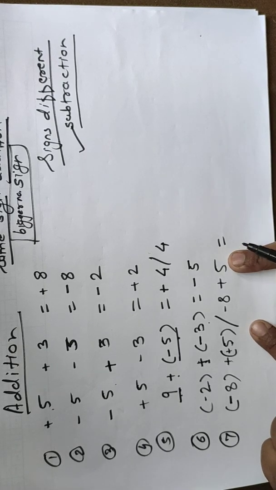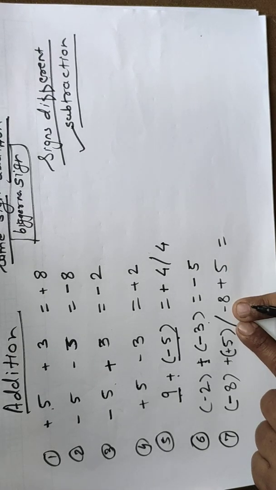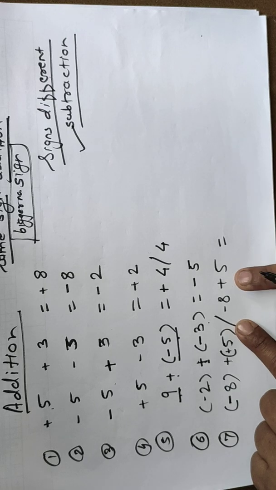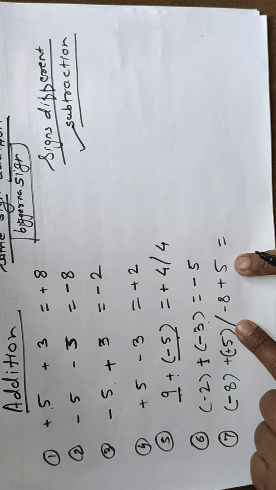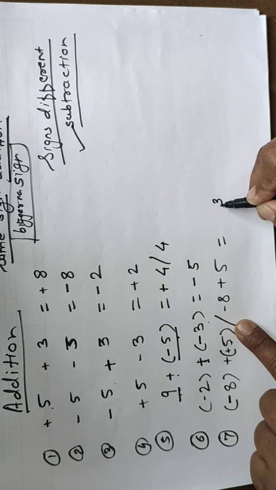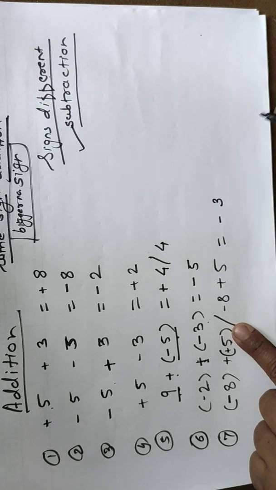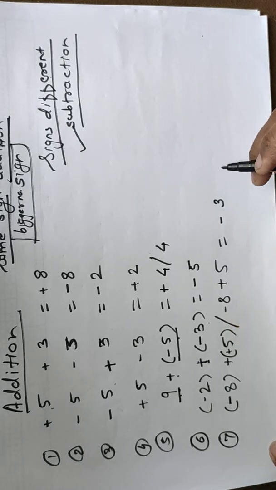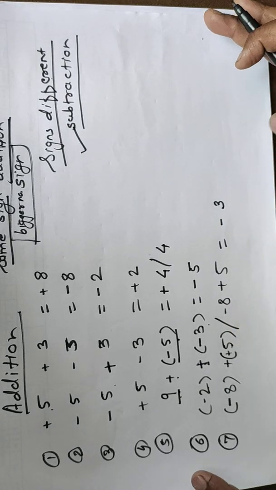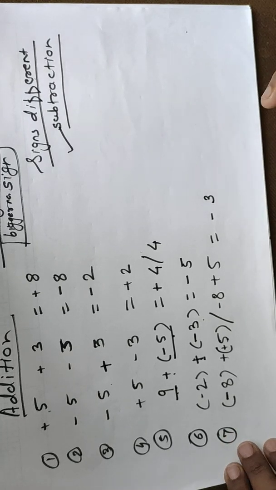In this situation the signs are different. 8 is negative and this is positive. If signs are different, we have to do the subtraction. So 8 and 5 subtraction is 3, and we give the sign of the bigger number. 8 is bigger, its sign is negative, so the answer is negative 3. Okay, so in this way, again we will see an example.